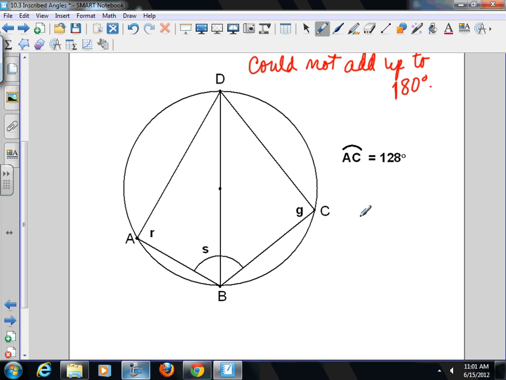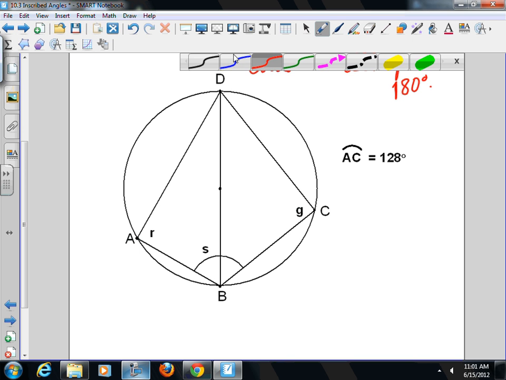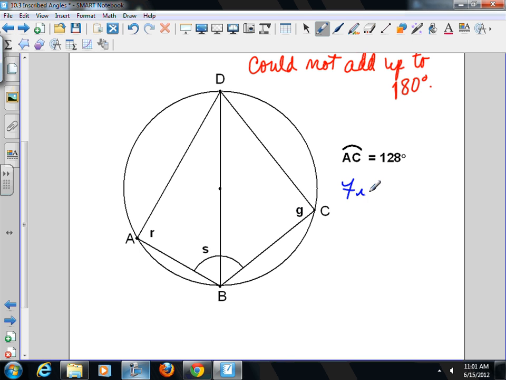Next, we want to take a look at this diagram, and we would like to find the measures of angle R, measure of angle S, and the measure of angle G. Now S, I've marked here, is this entire angle here.